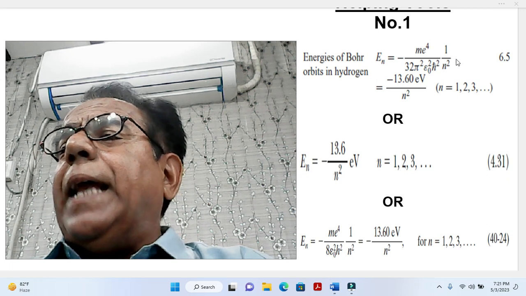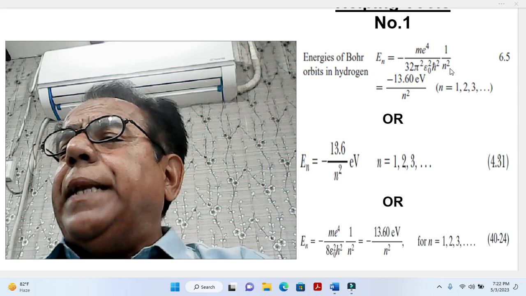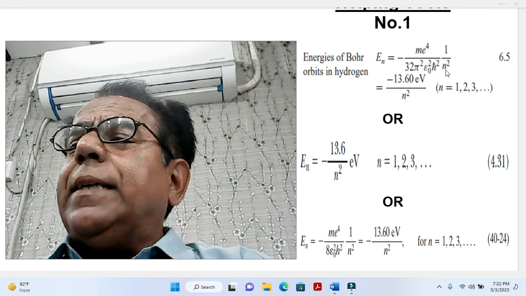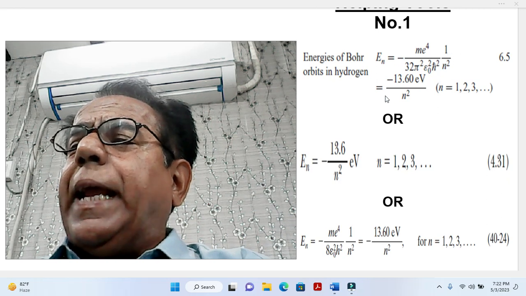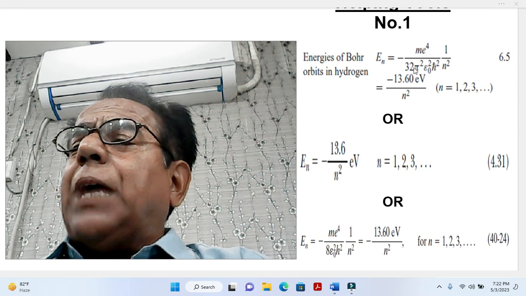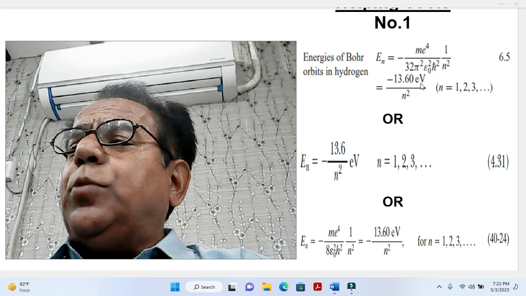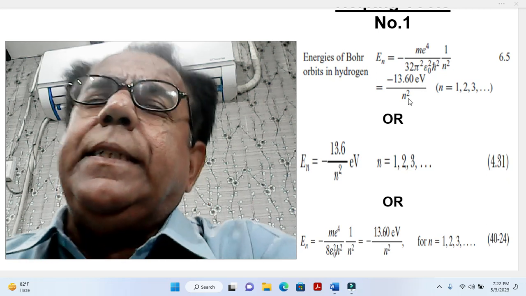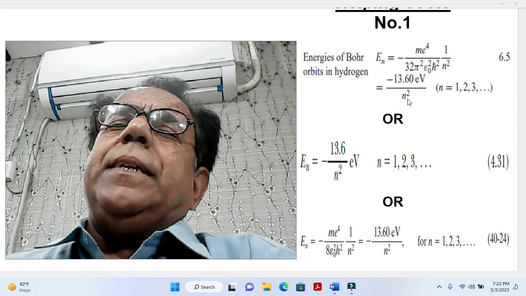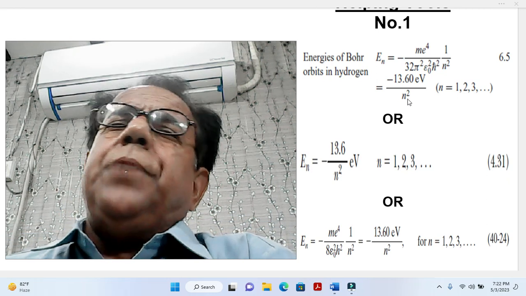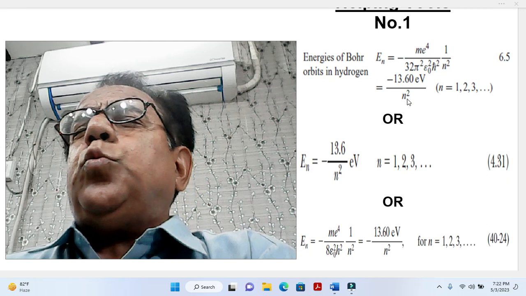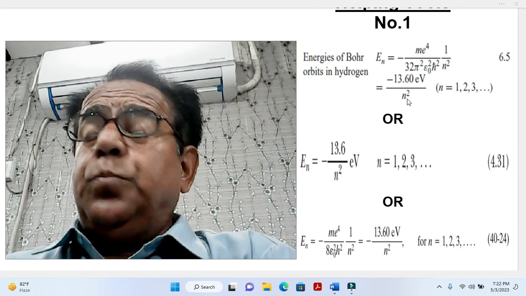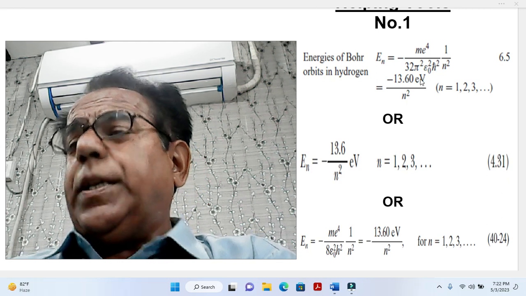We can exclude or disregard this intermediate portion, and its equivalent value, minus 13.60 electron volt over n square, is quite simple and easy, and there is no confusion. We do not have to work more on this.